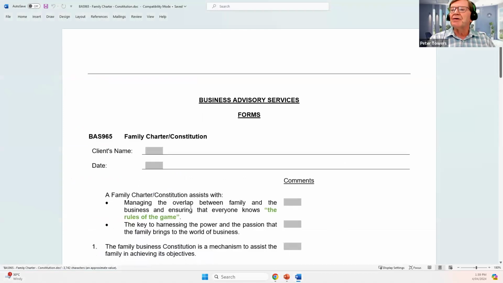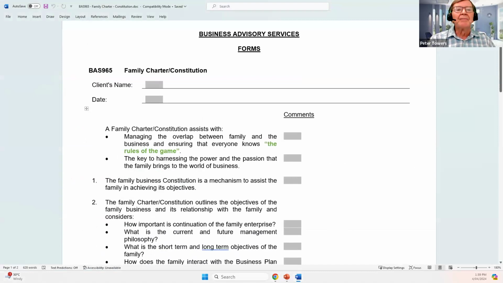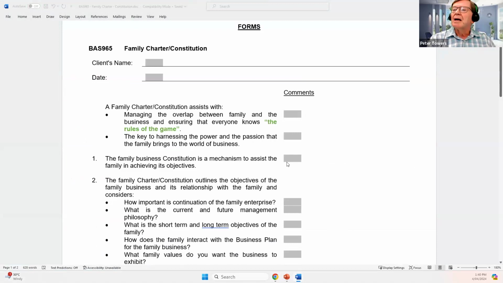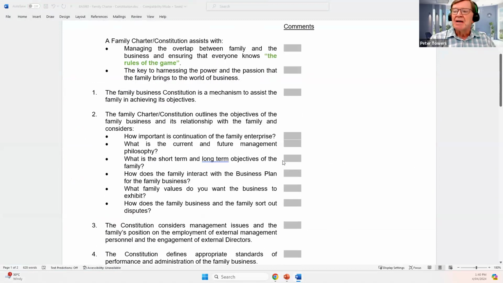There's some material on the family charter or constitution that you may have, and I'll just bring that up and make sure that it is being shared with you. There's some notes on family charters.